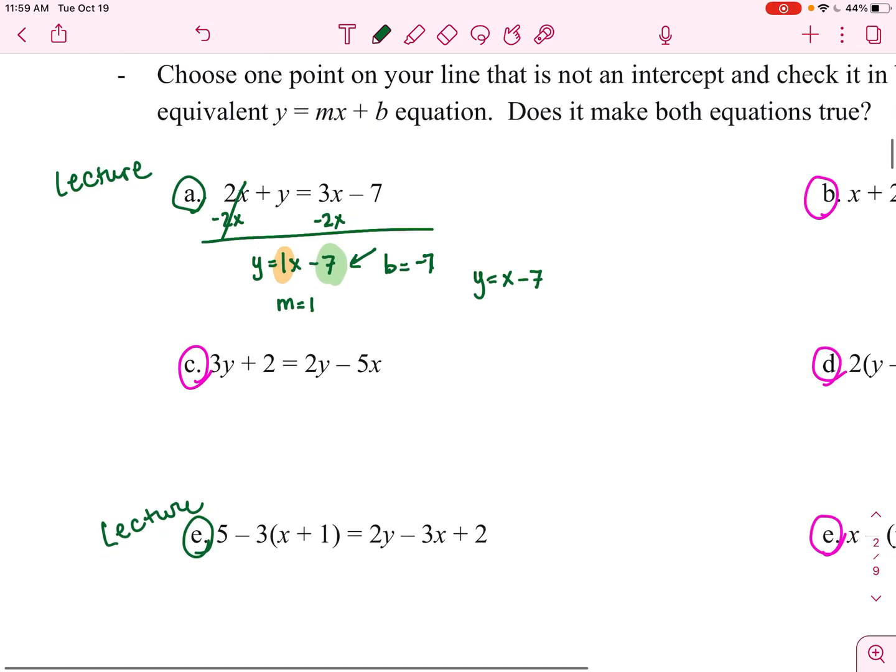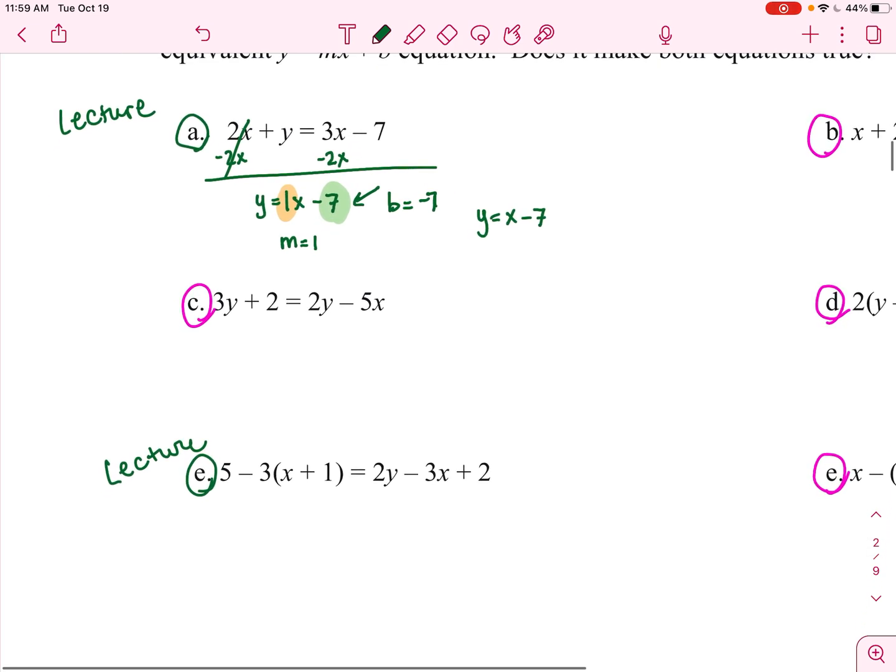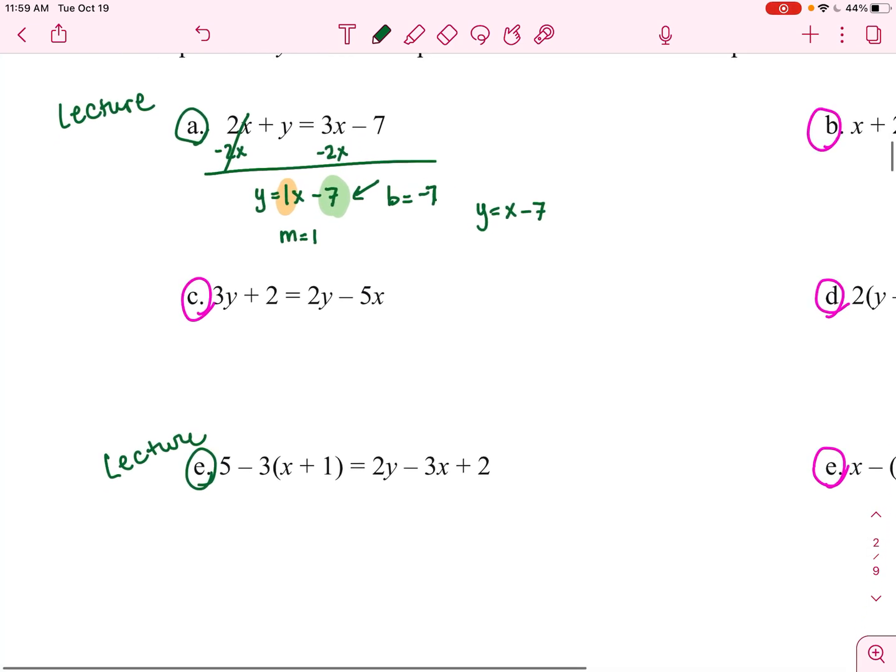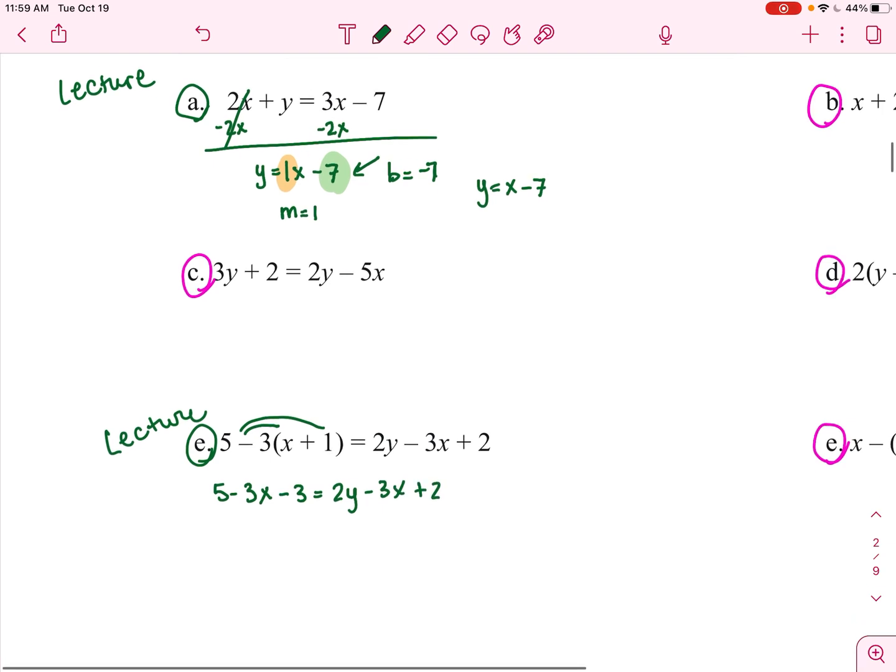Now let's do problem E. I'm first going to distribute this negative 3 to the x and the 1. So I have 5 minus 3x minus 3 equals 2y minus 3x plus 2.